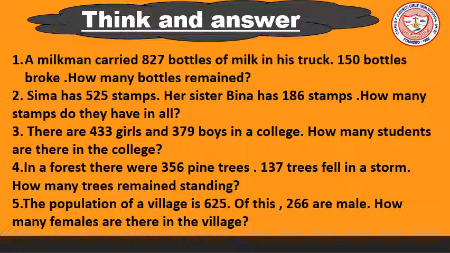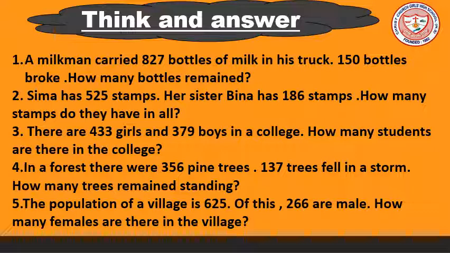Number 3. There are 433 girls and 379 boys in a college. How many students are there in the college? Number 4. In a forest, there were 356 pine trees. 137 trees fell in a storm.